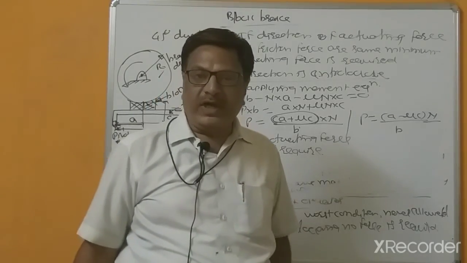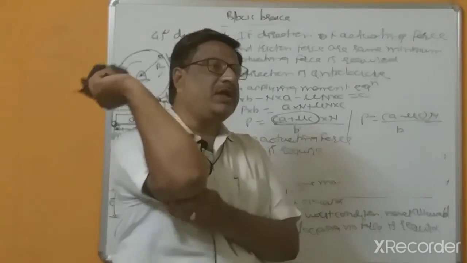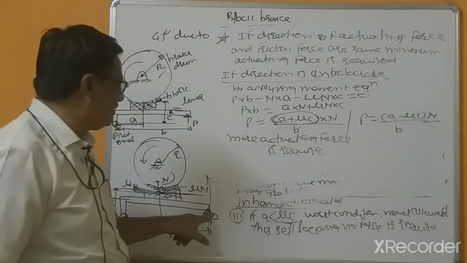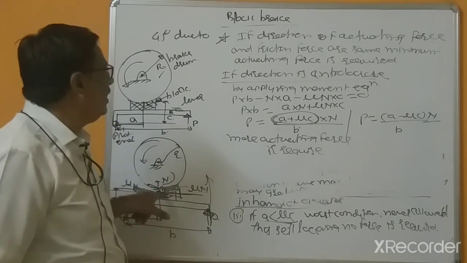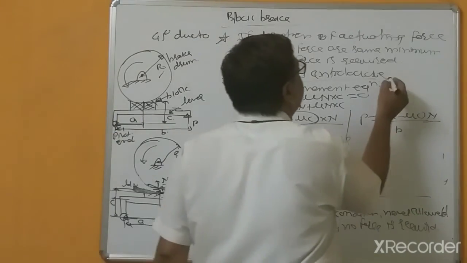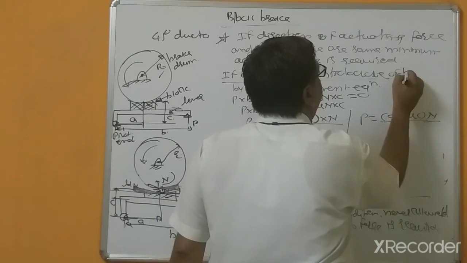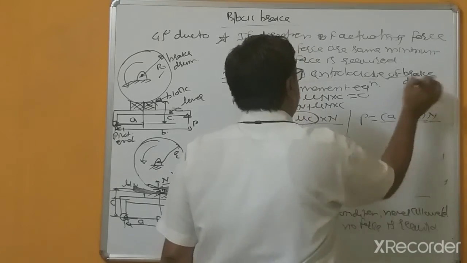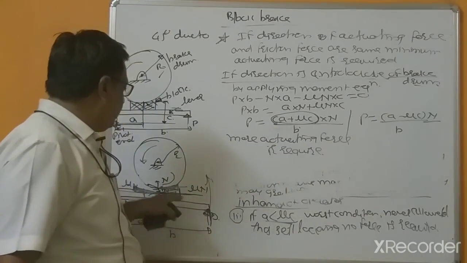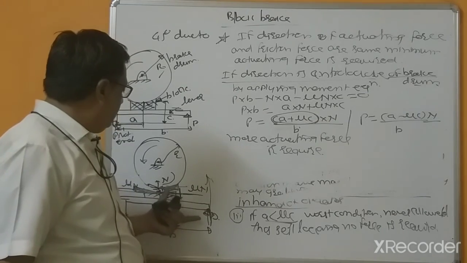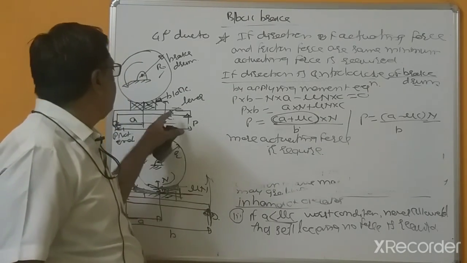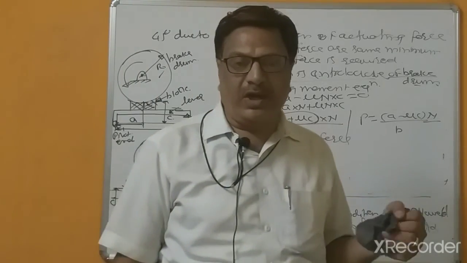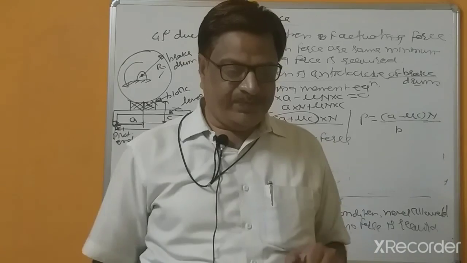So the directions of the friction material and the actuating force should be in the same direction. This is anti-clockwise, this is also anti-clockwise, the direction of the brake drum. So when both are in the same direction, it is more suitable as compared to when the actuating force and the frictional force are in the opposite.